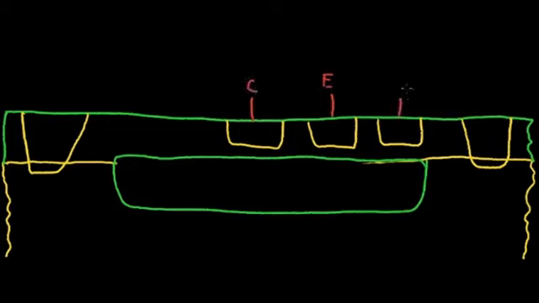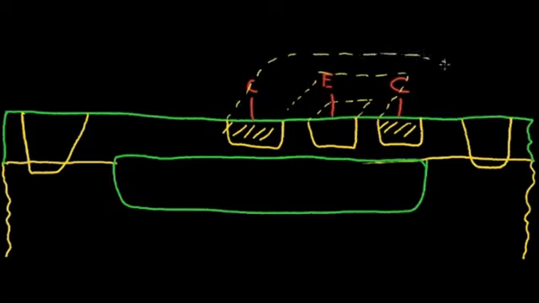So these collector regions here and here form a ring around the emitter. So if I draw the third dimension, the emitter would perhaps go like this. This collector region would surround the emitter.